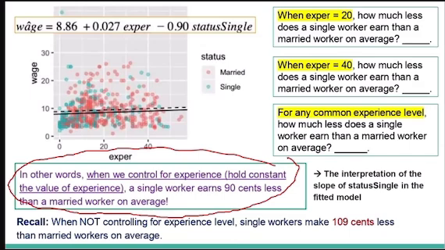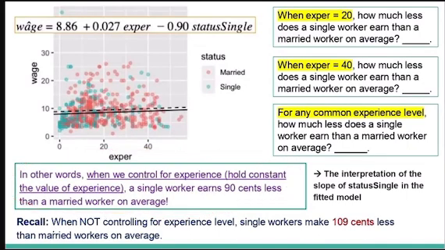Now, we can also argue it out. When we continue to dig further, there could be other potential factors that we also need to incorporate as covariates, that may have a connection to the wage.